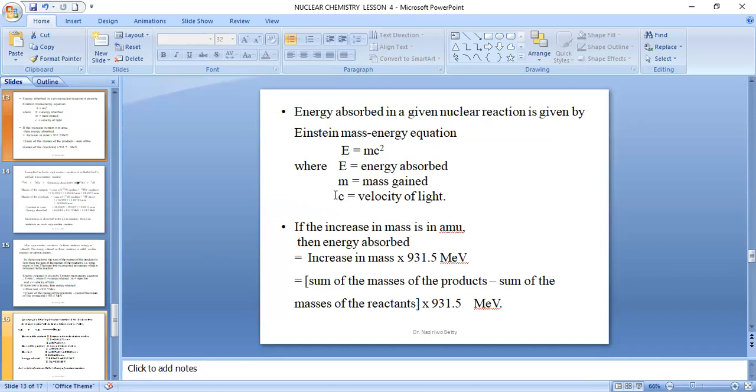If the increase in mass is in mu, then the energy absorbed is equal to the increase in mass times 931.5 MeV. Remember, in the previous lessons, we said this will be seen in detail in the coming lessons.